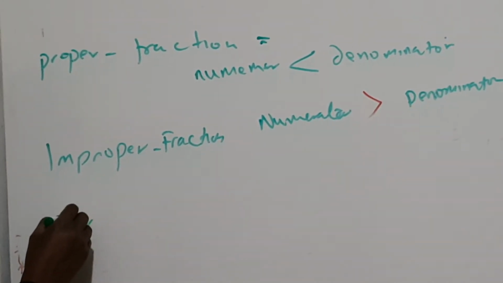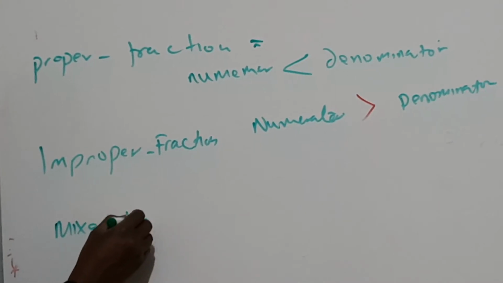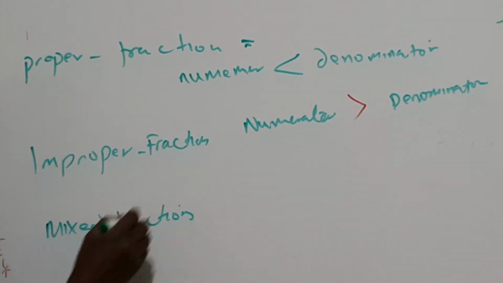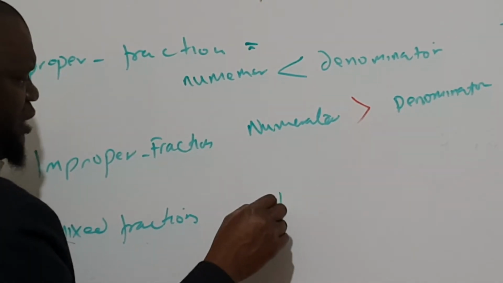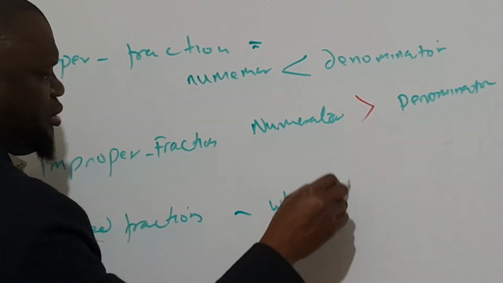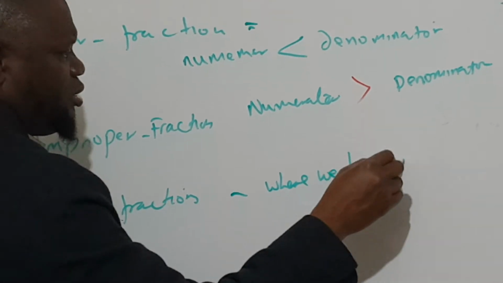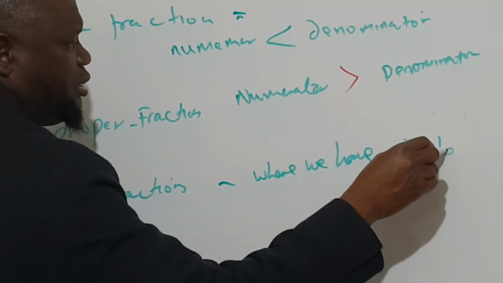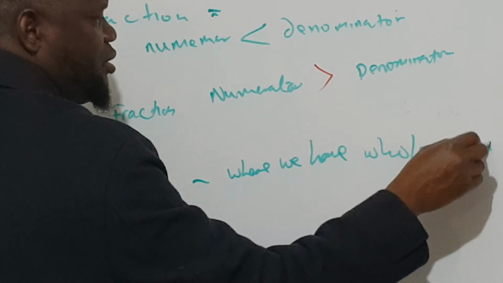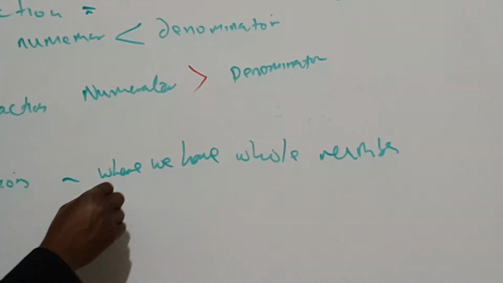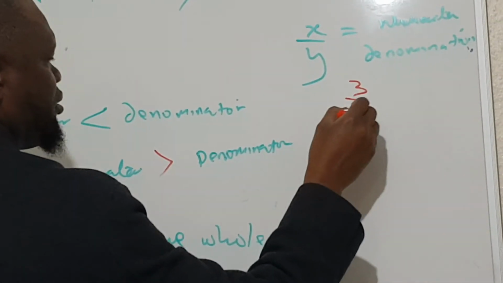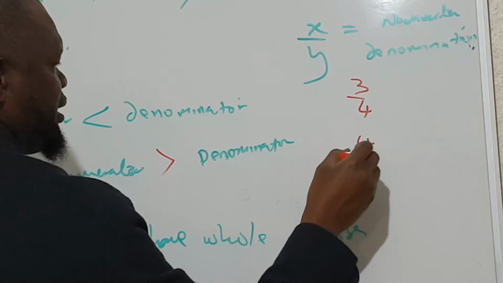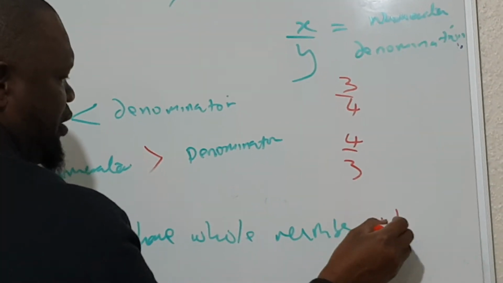Okay? Now, the next one is mixed fractions. This is where we have a whole number. Like here, for example, we can say 3/4, but here it will be 4/3, and here will be 1 and 1/3, the same thing.